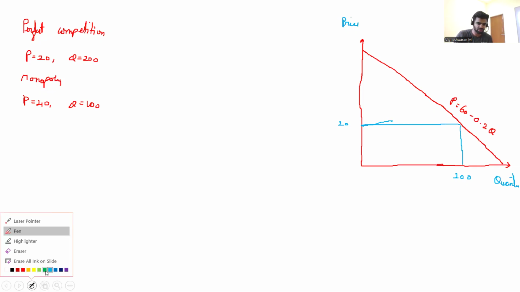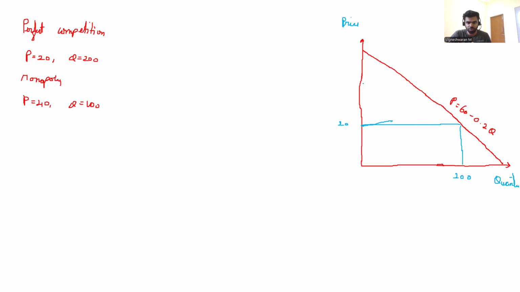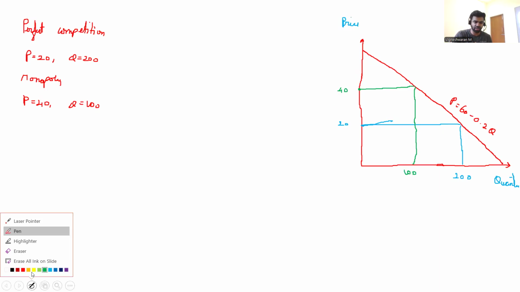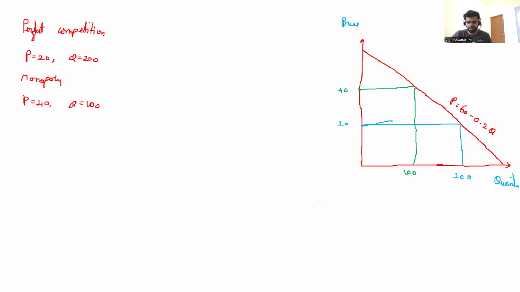Now for monopoly, let's use another color, green color. For monopoly, the price is 40 and quantity is 100. So what is our ultimate aim? Ultimately we have to find the deadweight loss. The deadweight loss is this portion.